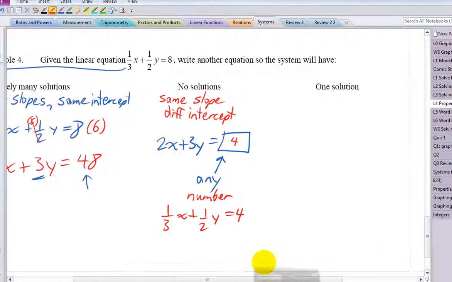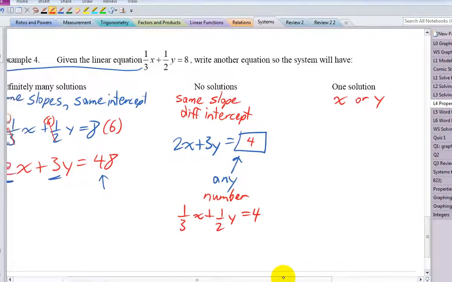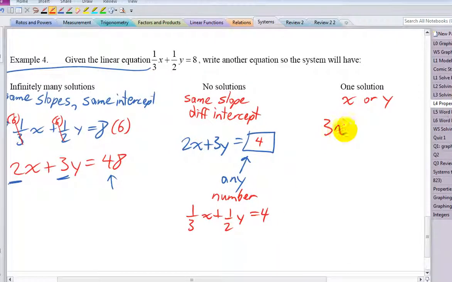Okay, this last one here, one solution, super easy. Guess what? All you got to change is your x or y. So we can just go 3x plus 3y equals 48. That works. Another number: 2x plus 12y equals 48.